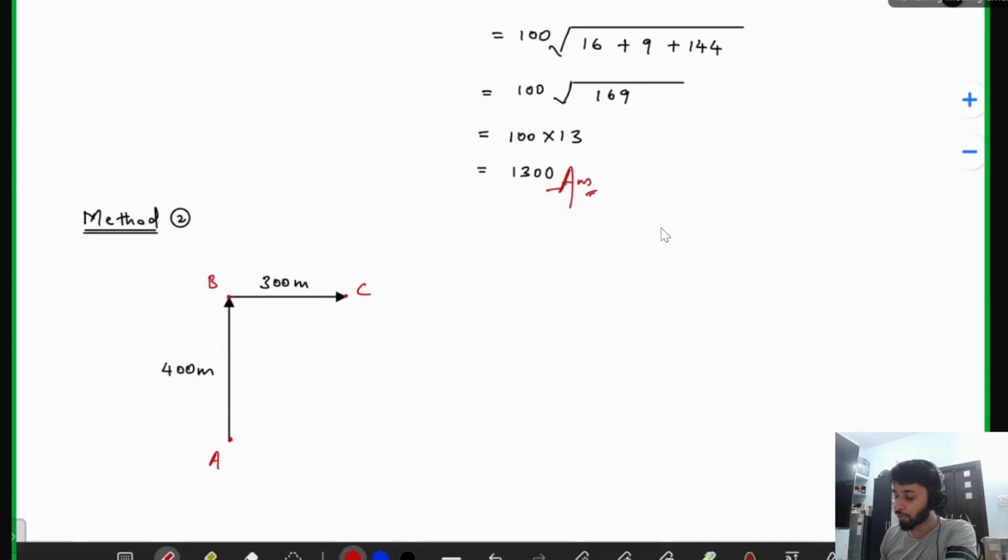First what I'll do is draw a line joining A and C. This is not the displacement, but an intermediate value that I have to find.